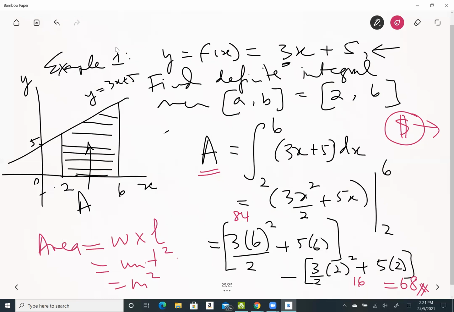Now I give you another example, example number 2. Suppose we consider a function y equal to f of x equal to negative 5x squared plus 20.